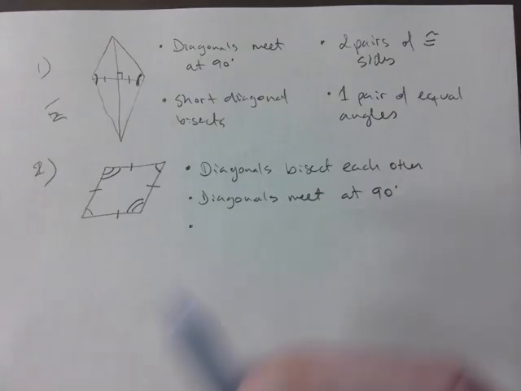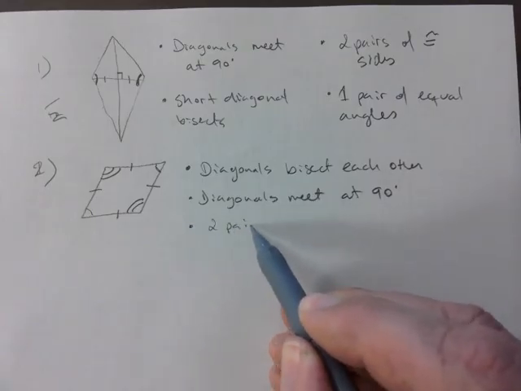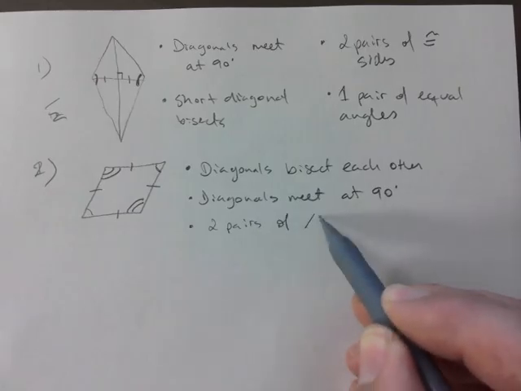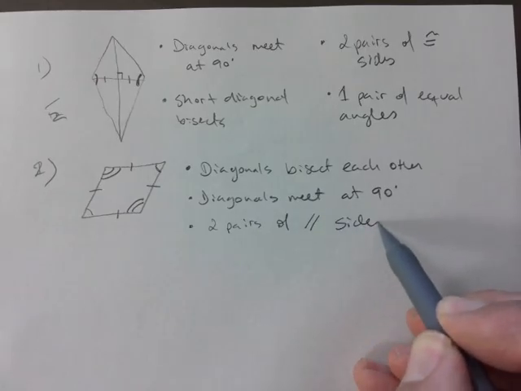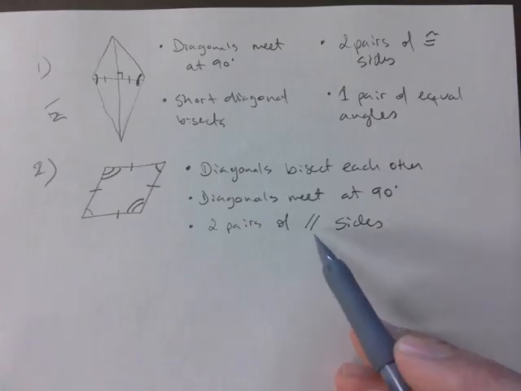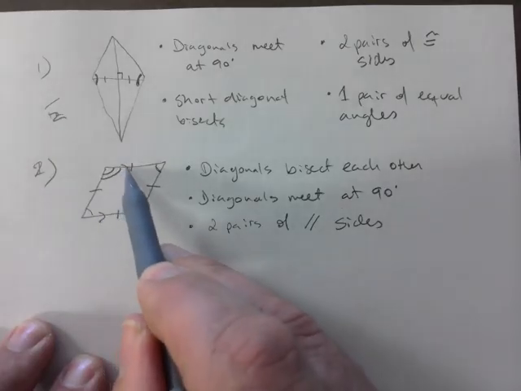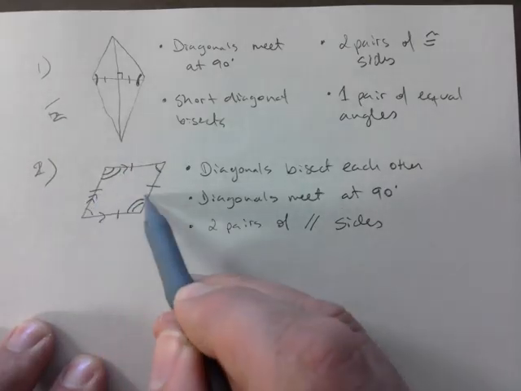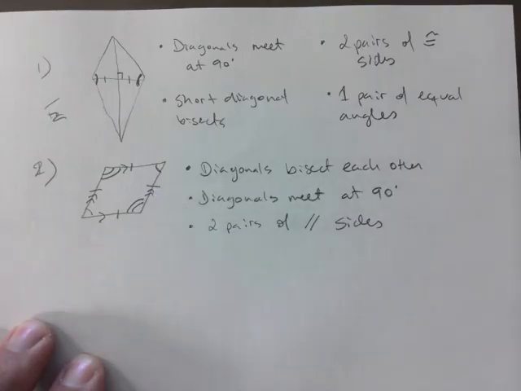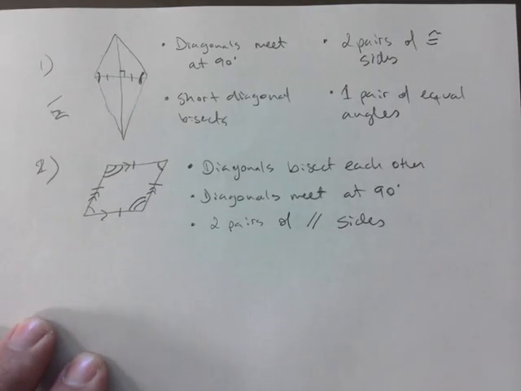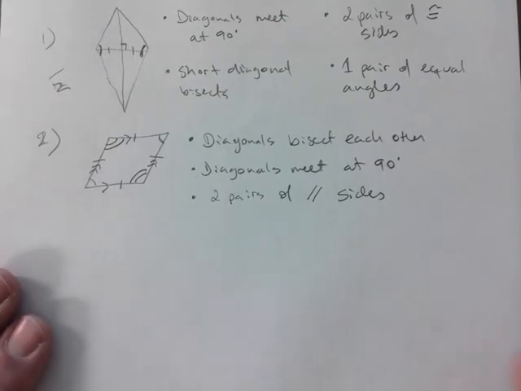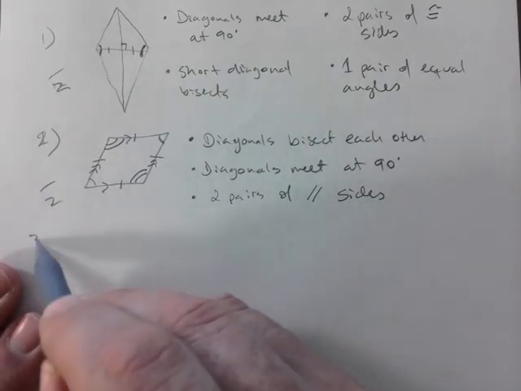You can say 2 pairs of parallel sides. That is an actual symbol we can use. Okay, the parallel symbol. So that's saying that these 2 sides are parallel, and these 2 sides are parallel to each other as well. And if you have anything else, that's fine. So 2 marks for that one.